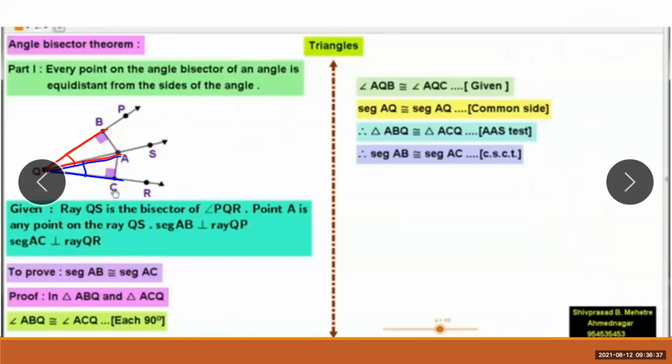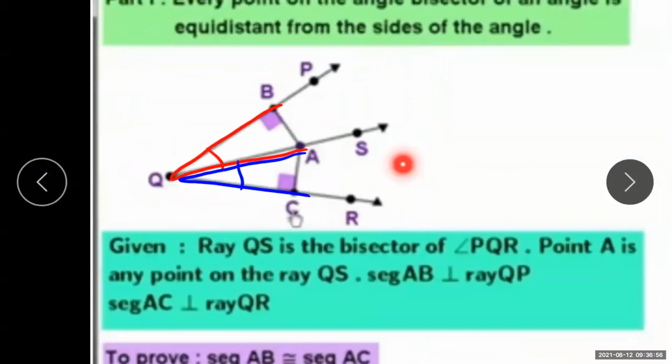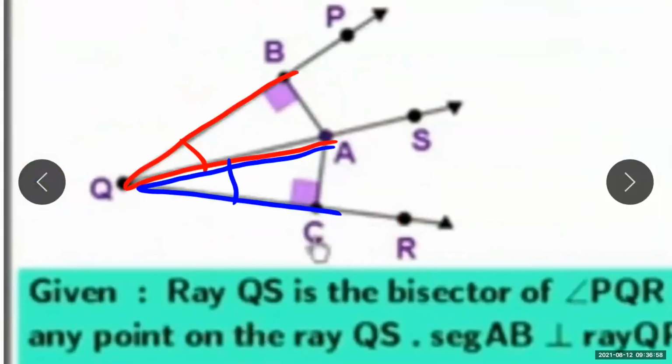So by angle, yes, then again angle and side. So by AAS test, okay, AAS test. You can also write here SAA. Now see, the test is angle, angle, and this side. Okay, so AAS test.